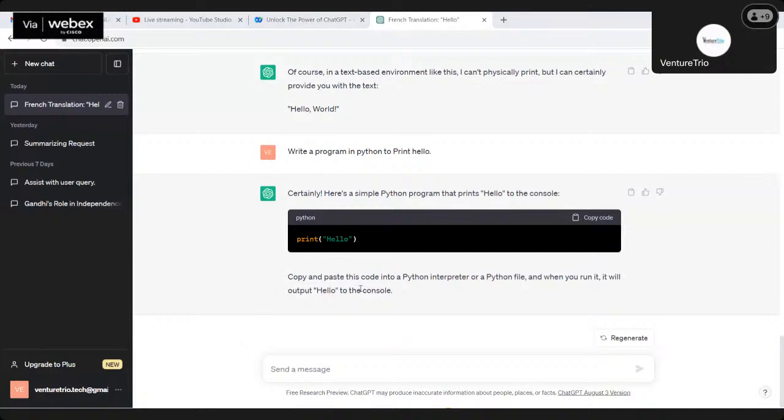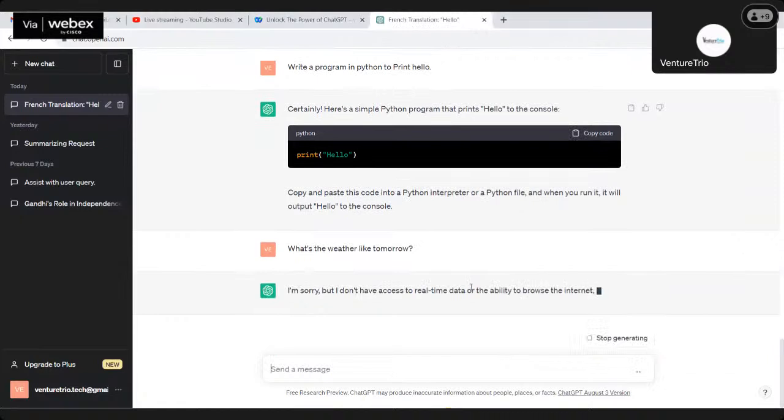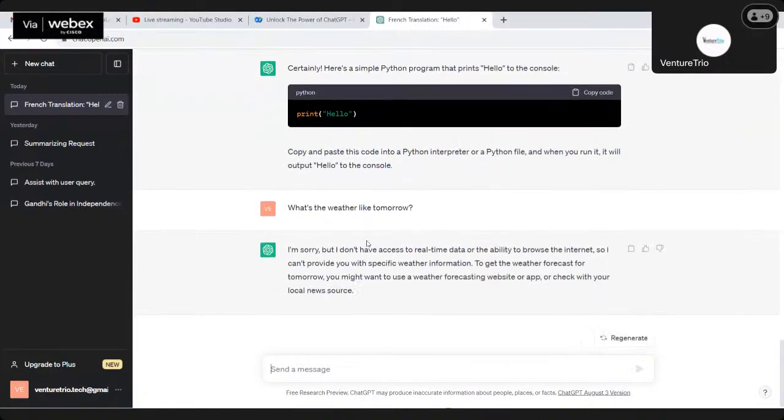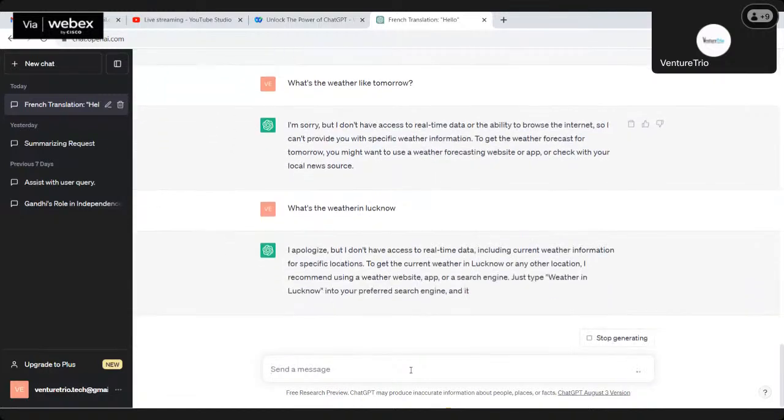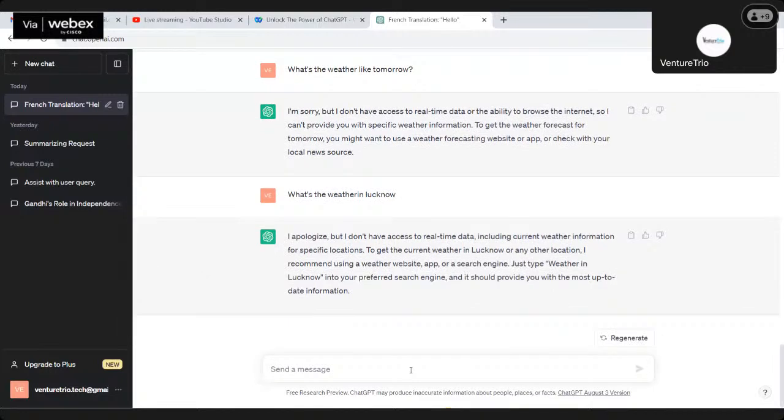For a weather inquiry, we try another prompt. See, it is not able to answer your query because it cannot access real-time data.